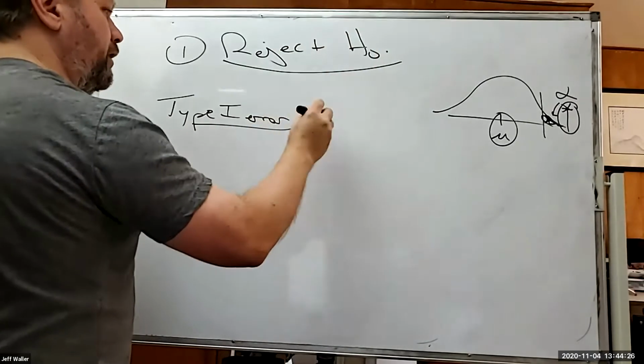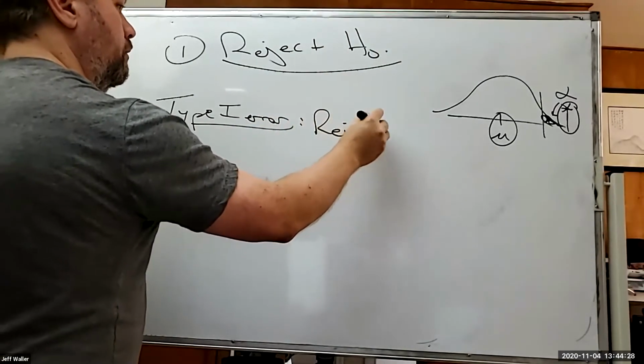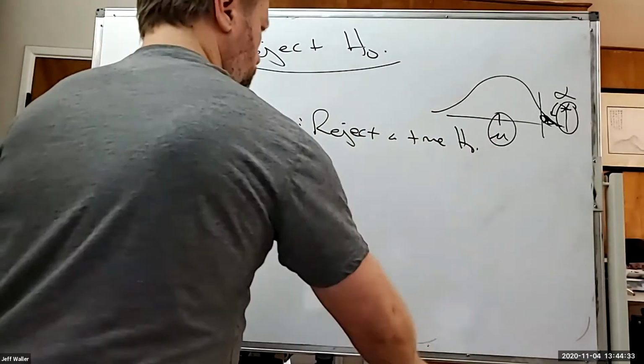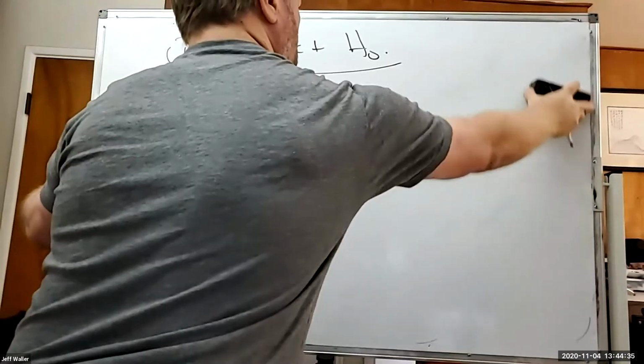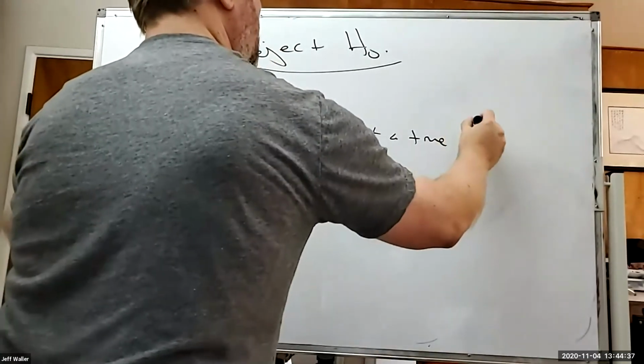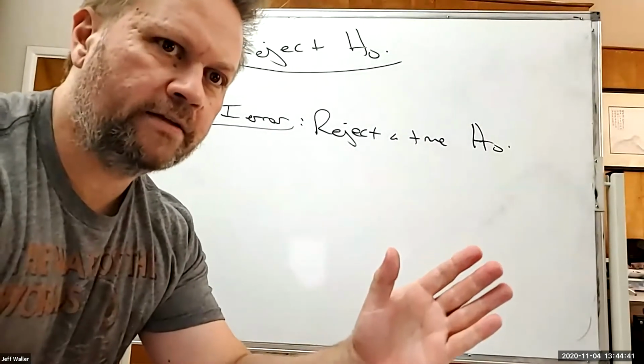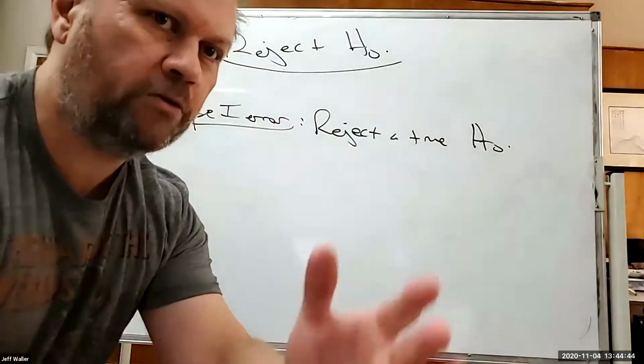So the type 1 error is to reject a true null. Wouldn't that be an error if I reject somebody's statement and their statement was true?